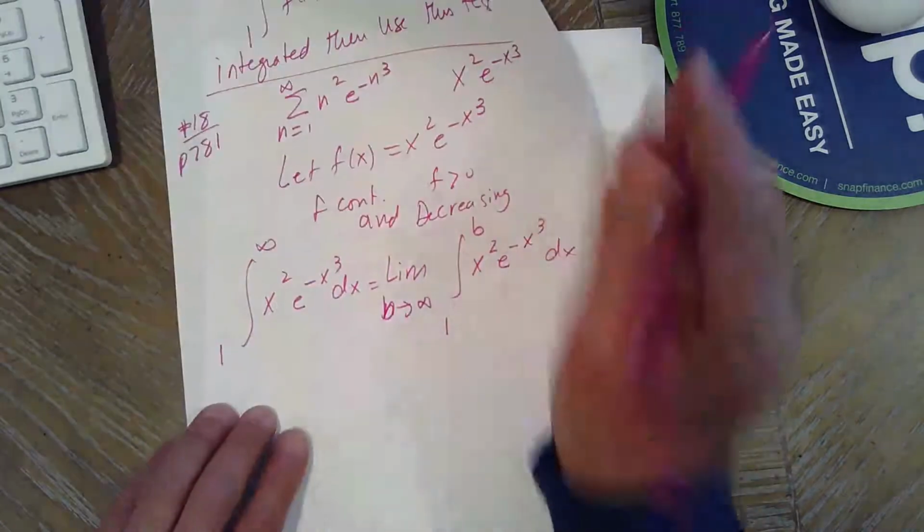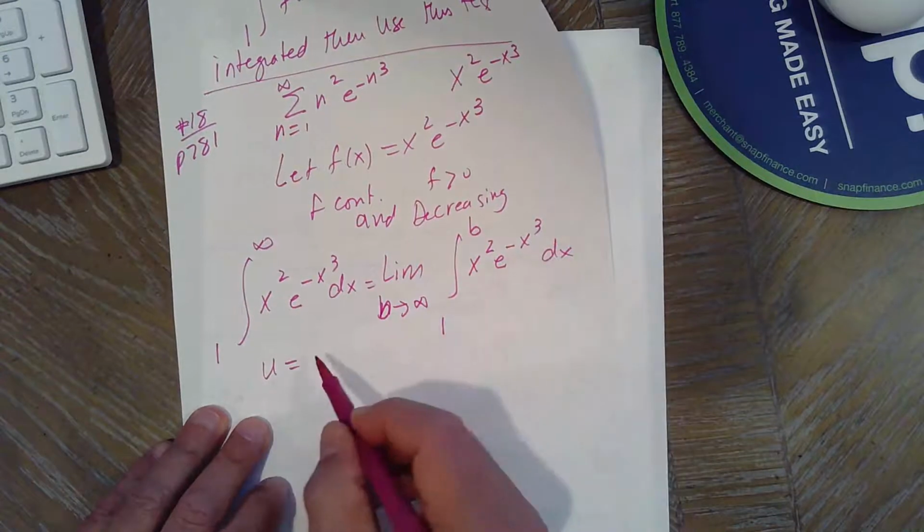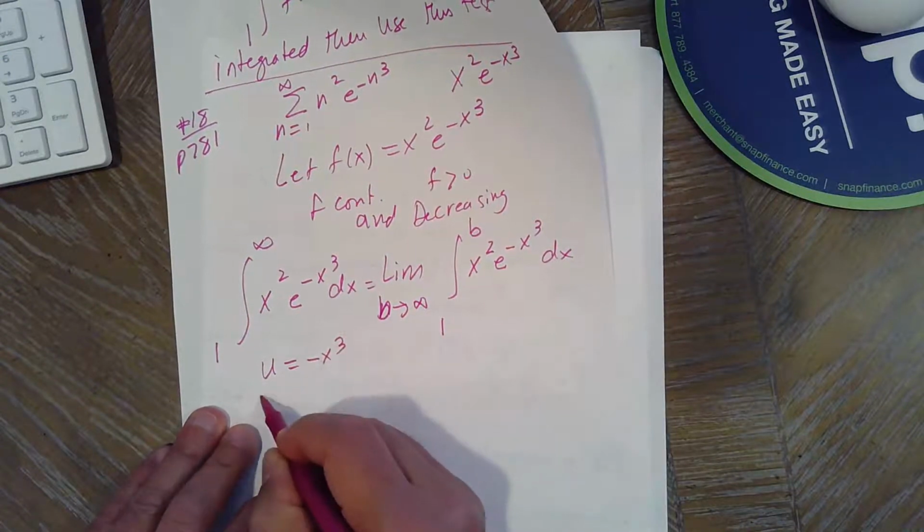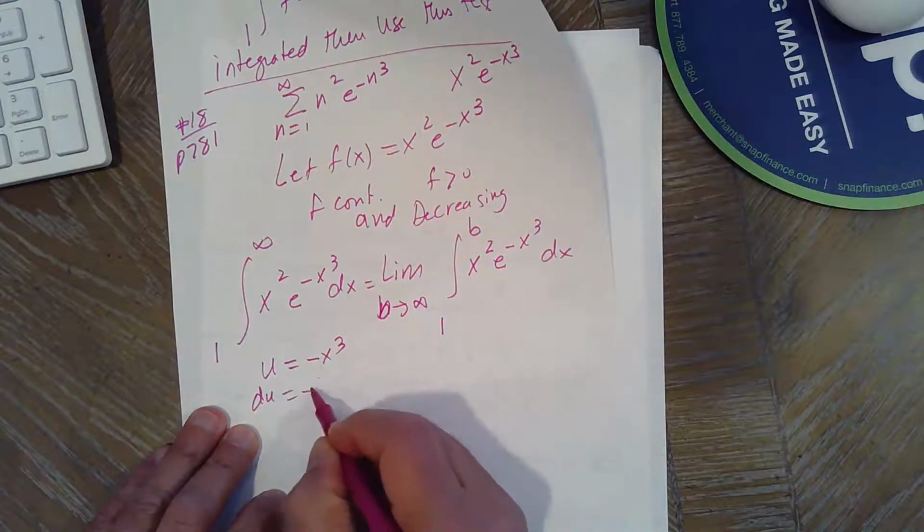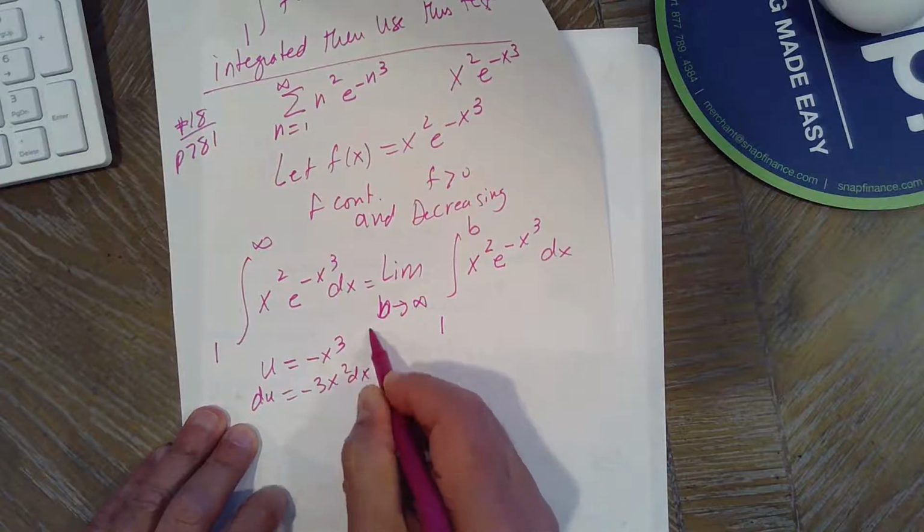Using substitution, we let u equals negative x cubed, then du is negative 3x squared dx.